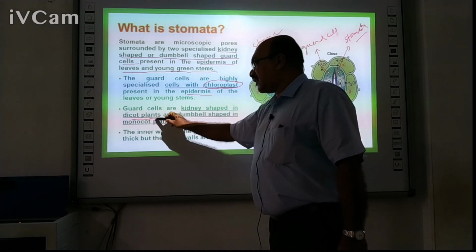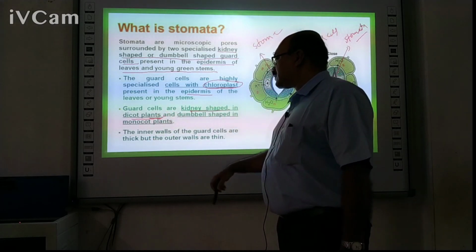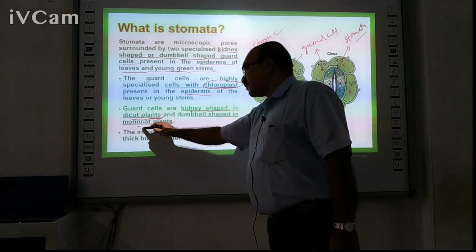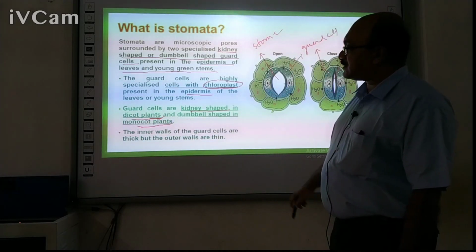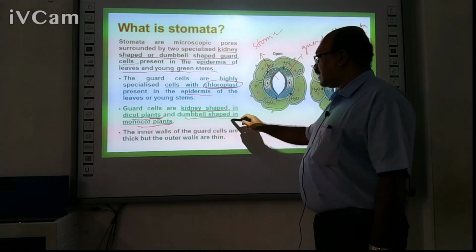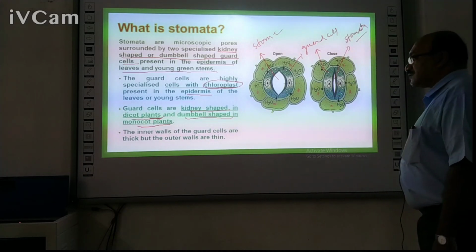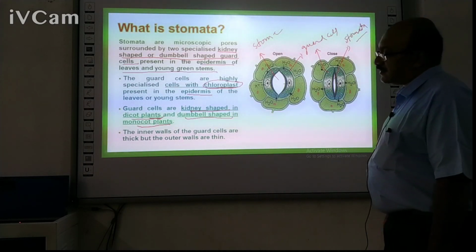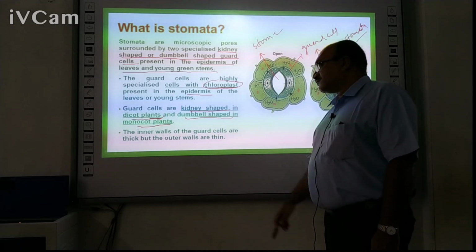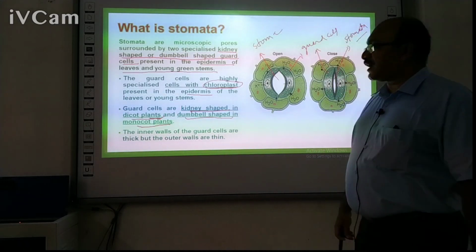Dicotyledonous plants, they have kidney-shaped guard cells, whereas in case of the monocot plants or monocotyledonous plants, the shape of the guard cell is dumbbell-shaped. So by seeing the shape of the guard cells, we can know whether the plant is a dicot or a monocot.